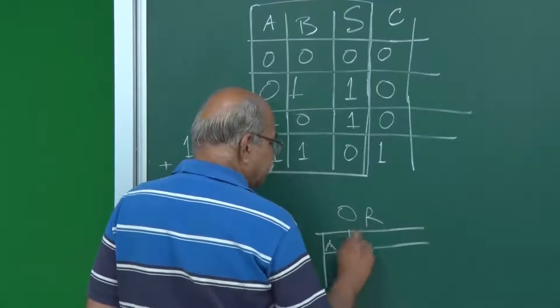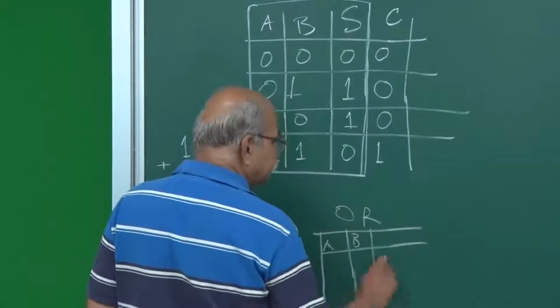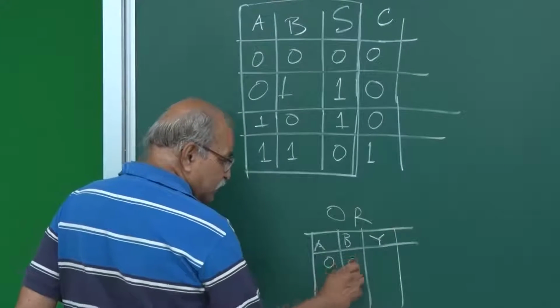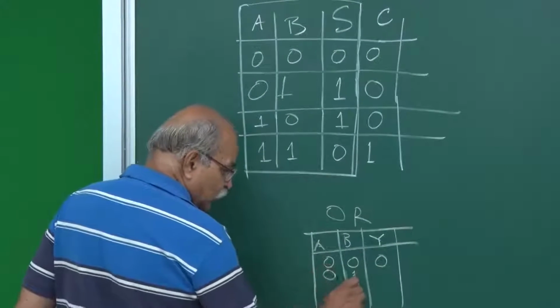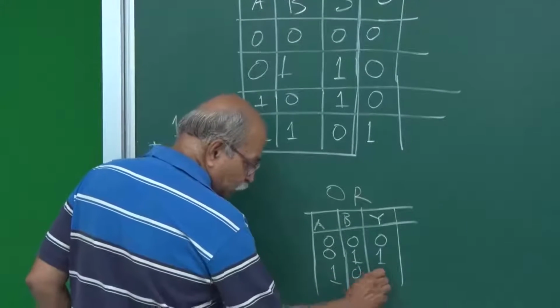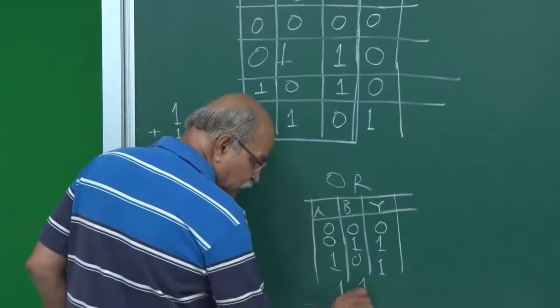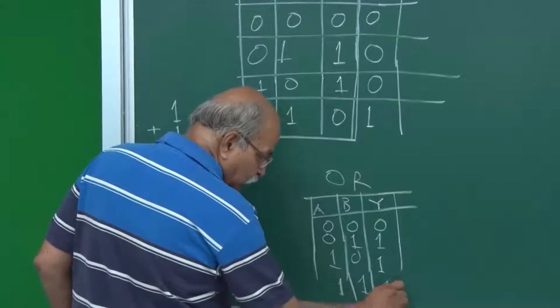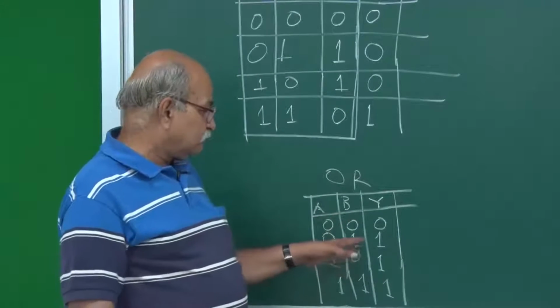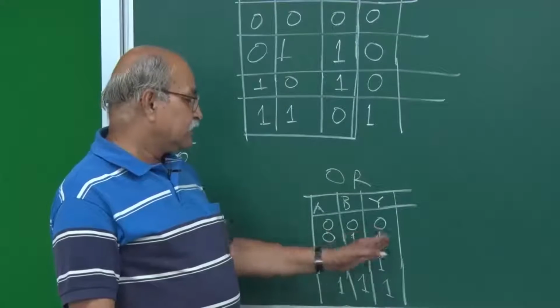A, B and then Y. So, OR we said that 0 0 is 0, 0 1 is 1, then 1 0 is 1 and 1 1 is also 1. That is our OR gate. At least one of them is 1, then this is 1.